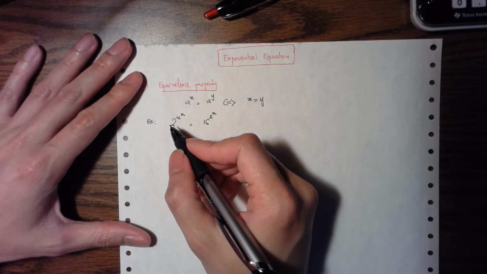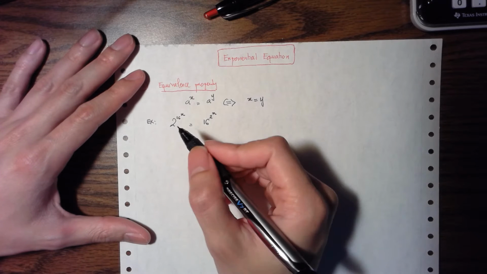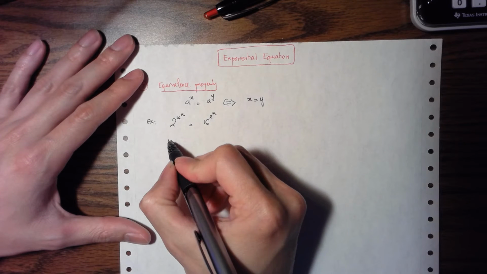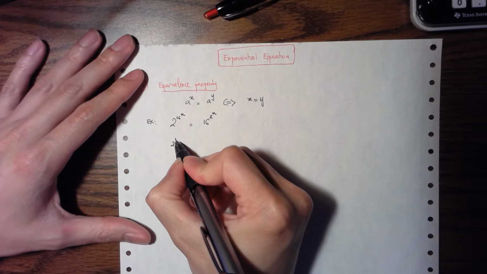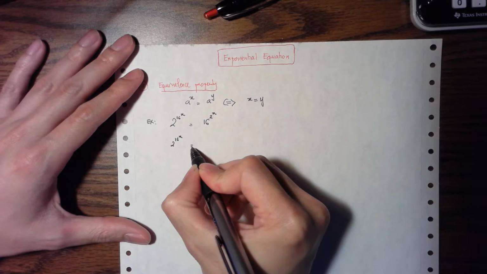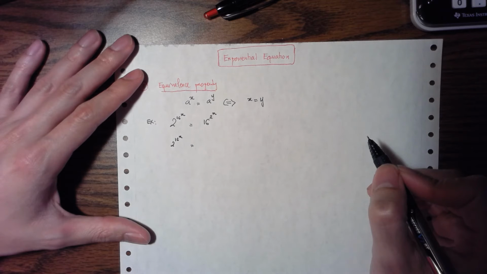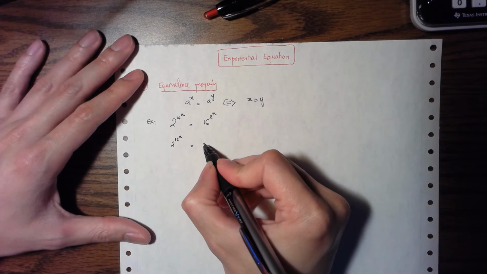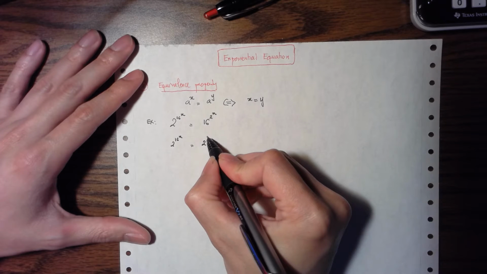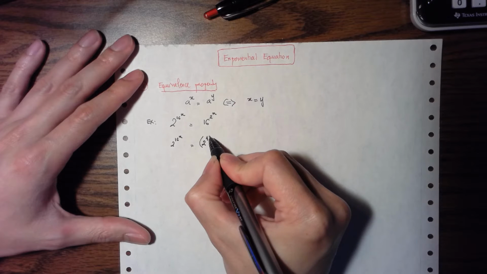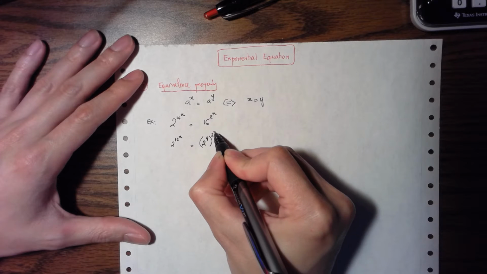16 is what? 16 is 2 to the 4, right? So I can write 2 to the 4, everything raised to the 2x.